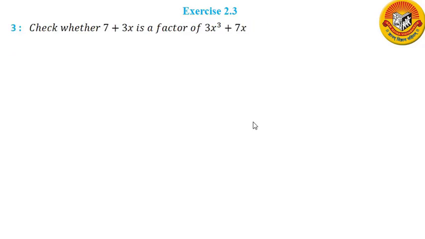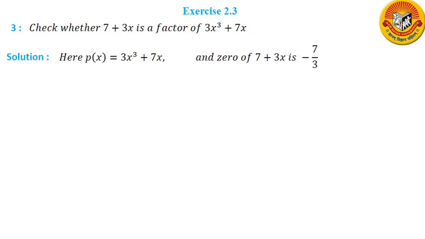In the third question, we have to check whether 7 plus 3x is a factor. Now, 7 plus 3x is a factor of 3x cube plus 7x when I get the remainder as 0. So let us find the remainder by dividing 3x cube plus 7x by 7 plus 3x. So for 7 plus 3x, the zero is minus 7 by 3. So in place of x, I will replace minus 7 upon 3.